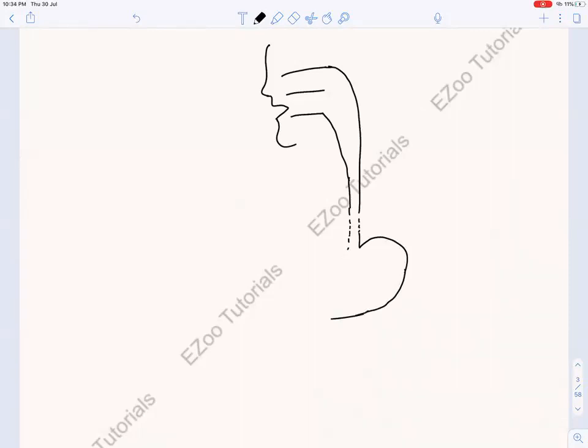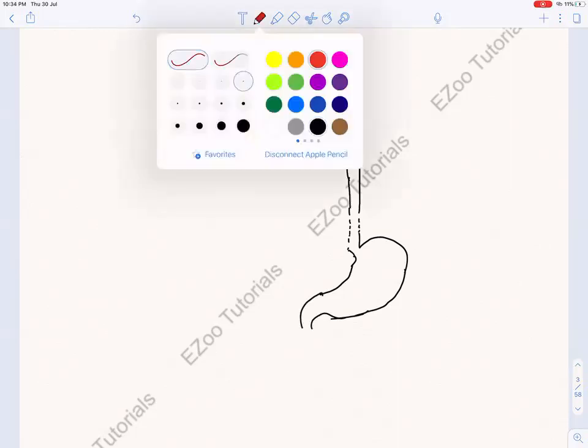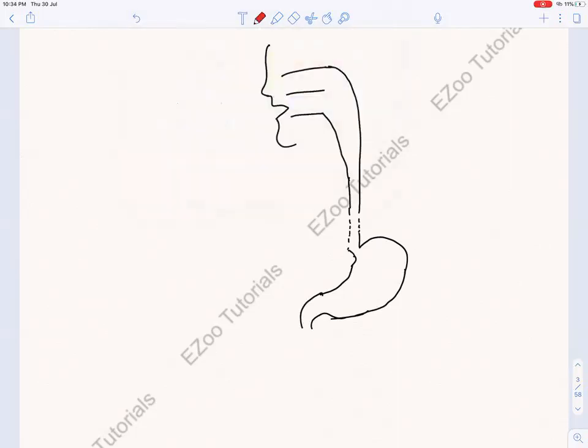So this is what I am drawing. This is the stomach. So first things first, this is the tongue. We will study the tongue in detail with all its salivary glands.